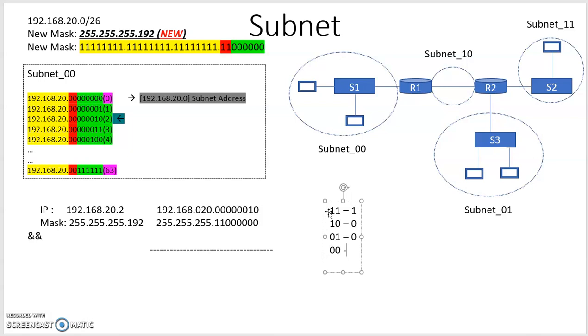Okay, so the truth table is, if it is true and true, it's true, or if it is 1 and 1, it's 1. Otherwise, it's all 0.